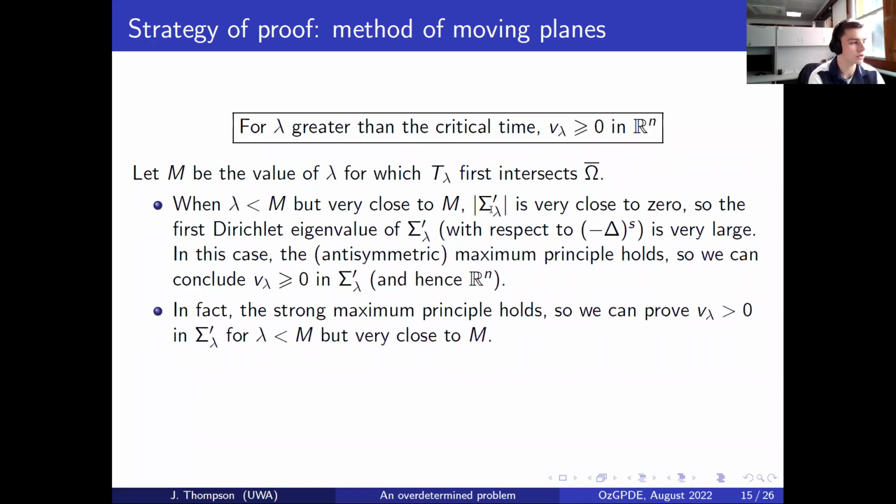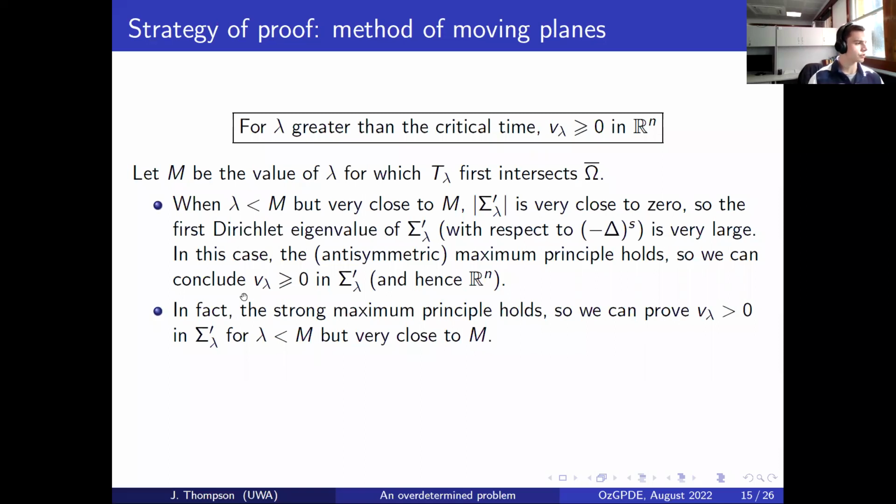And actually, in this situation, we can apply the maximum principle, even though we don't have a sign on the 0th order term. So normally you need a sign on the 0th order term to be able to apply the maximum principle. But if the first eigenvalue is very large, you can still apply the maximum principle.